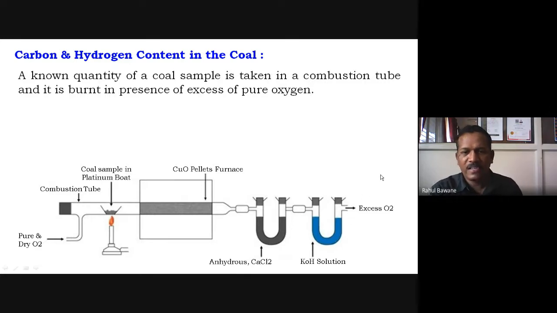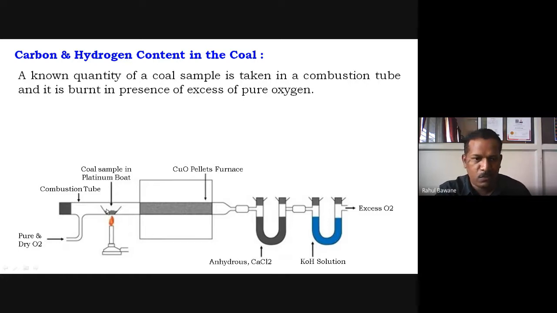So at the beginning, as we know that we are taking a known quantity of coal, before we start our experiment, we have to know the weight of each U-tube separately. So what is the weight of the U-tube for the anhydrous calcium chloride? What is the weight of the U-tube of KOH solution? So we will calculate the weight before any reaction takes place.